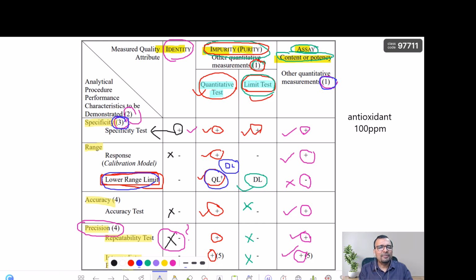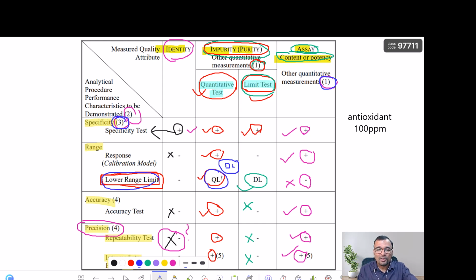This is a simple acid-base titration. In this test procedure, I cannot understand whether the method is going to meet the requirement mentioned under the specificity parameters. That means there is no interference coming from maybe the impurities present in the API glycoside. So it is not possible to define the specificity because whatever titrant is consumed may be consumed by impurities also.